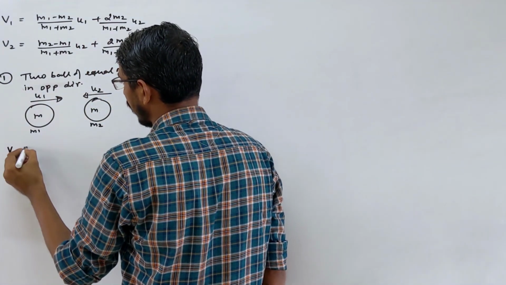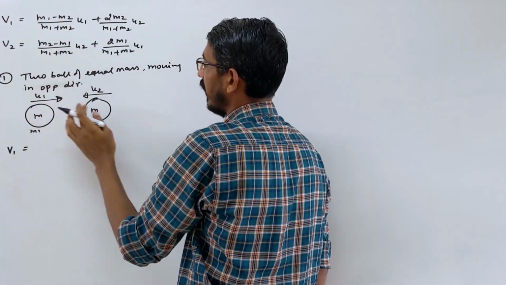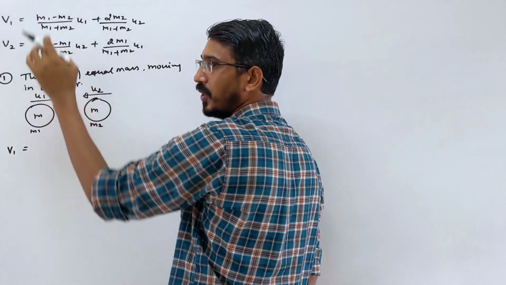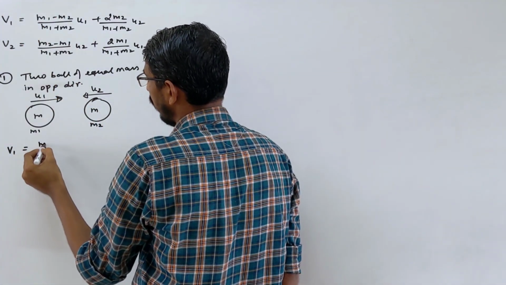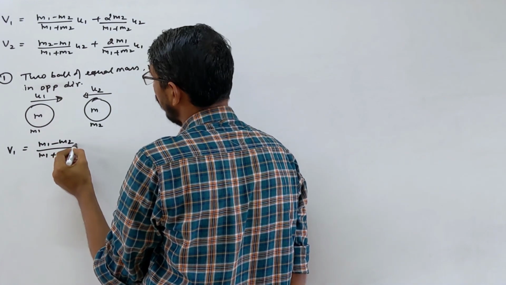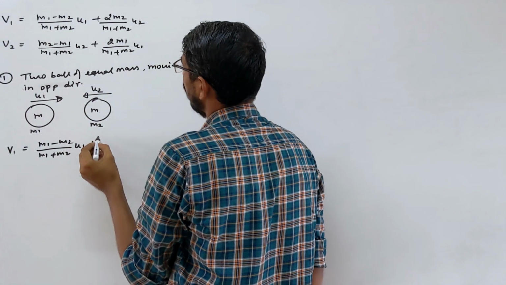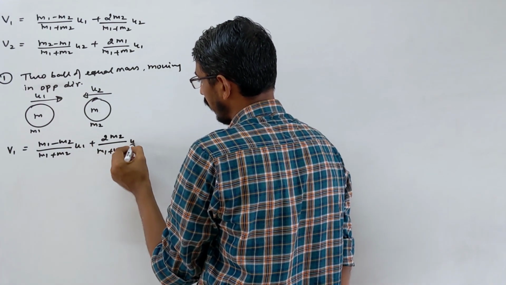Look here, v1 will be m1 minus m2 upon m1 plus m2 into u1, plus 2m2 upon m1 plus m2 into u2.